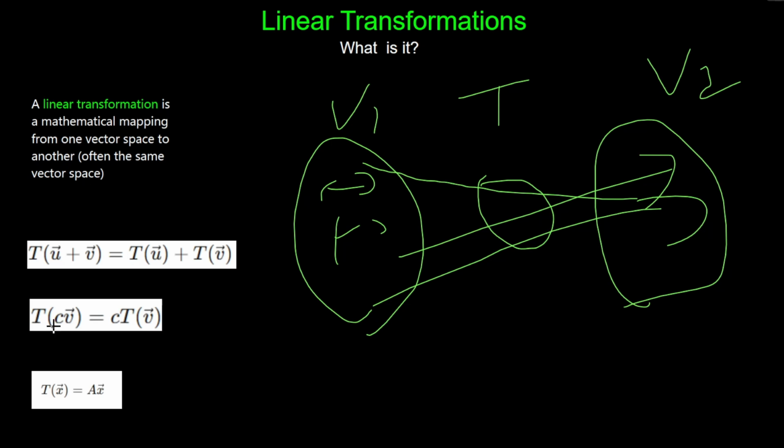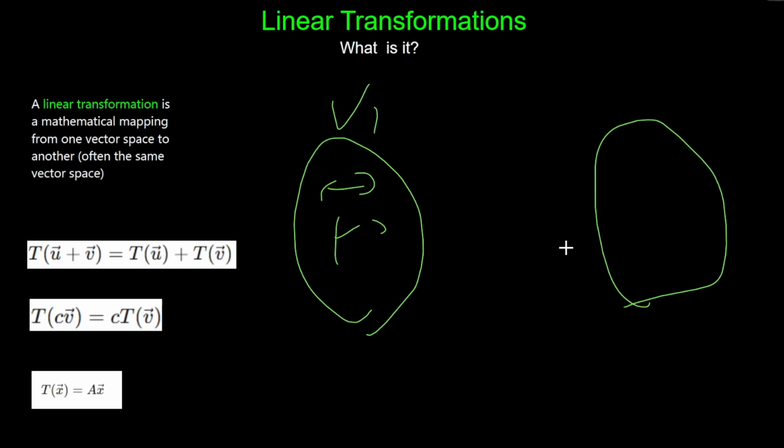The next rule says that when a scalar is multiplied with a vector and the transformation is done, it's equal to the transformation done beforehand to the vector and multiplied with the scalar. So if it follows these two rules and the transformation function maps the vectors from one vector space to another, then it's called a linear transformation.